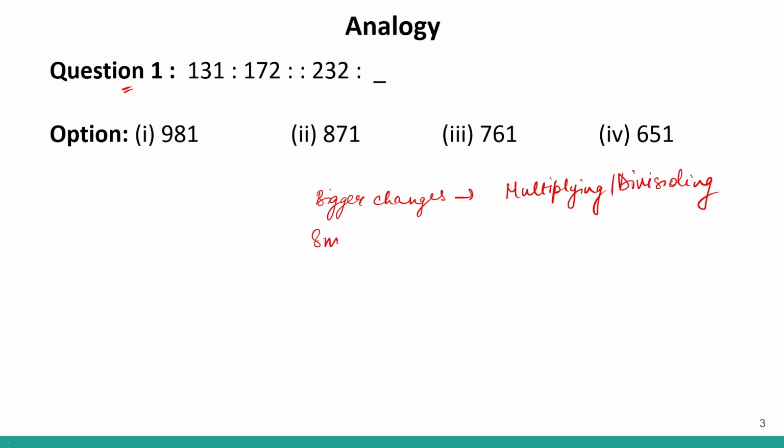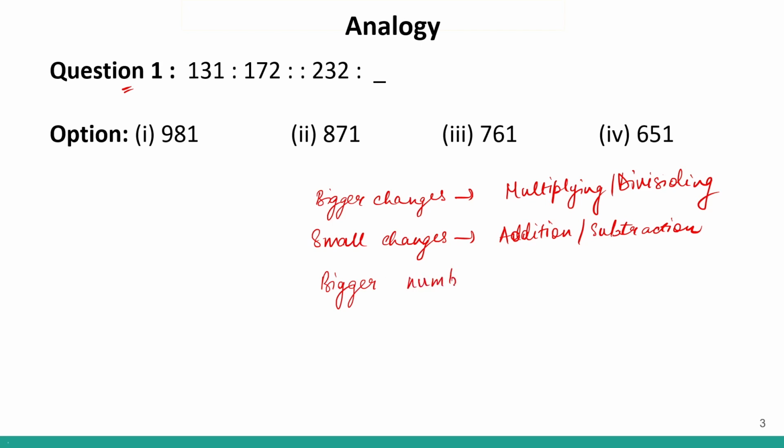If I see small changes, then I assume that maybe we are adding or subtracting. And if there is a bigger number, let's say a 4-digit number, we should look for either the sum of the digits, because that is sometimes involved in the pattern, or maybe the difference between the numbers.